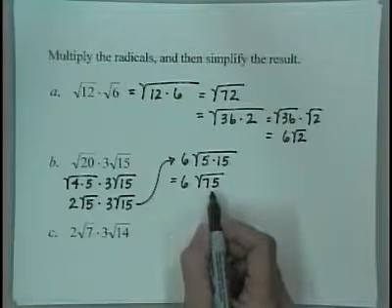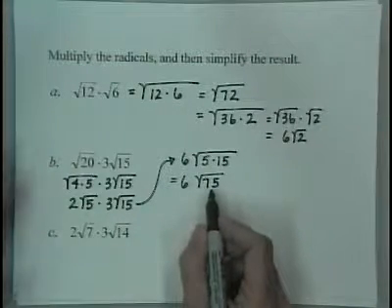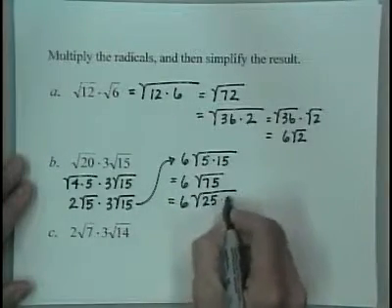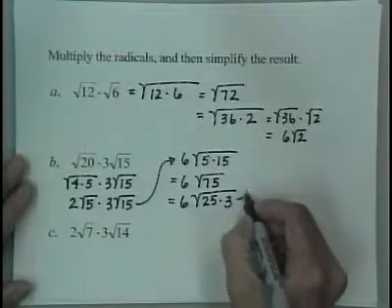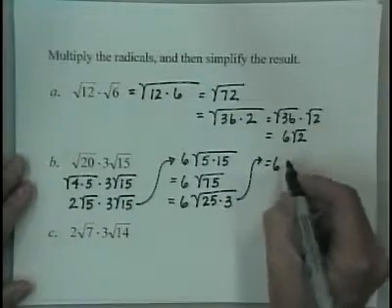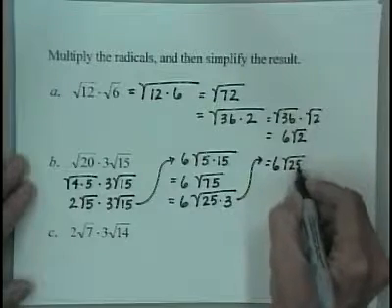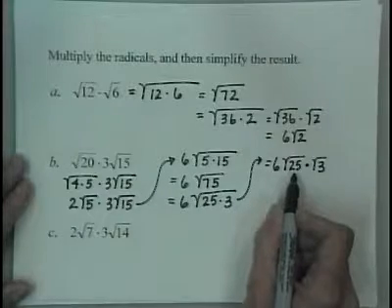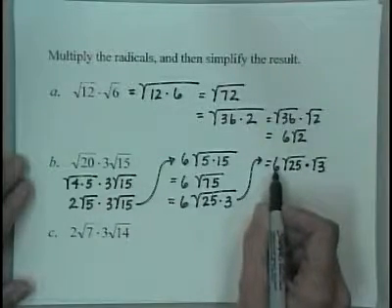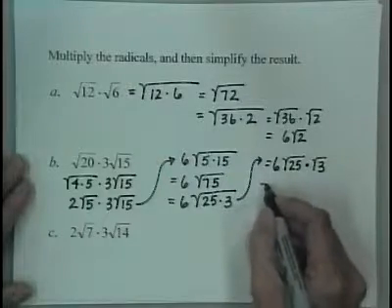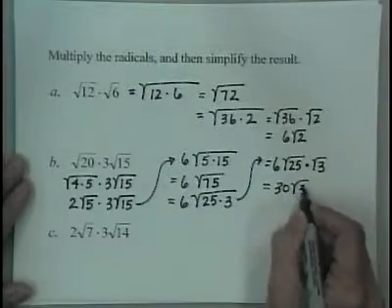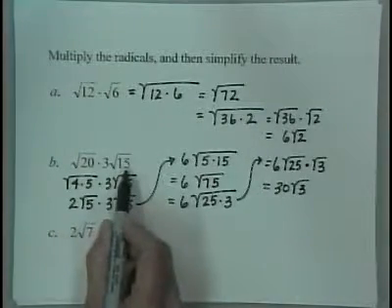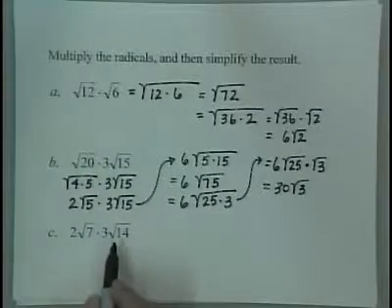And now my problem is to simplify 6 square roots of 75. 75 factors into 25 times 3, and so my problem now is 6 square roots of 25 times the square root of 3. The square root of 25 is 5. Take that 5 times the 6, which will give you 30 square roots of 3 as a simplified answer to this multiplication problem. Let's try one more.